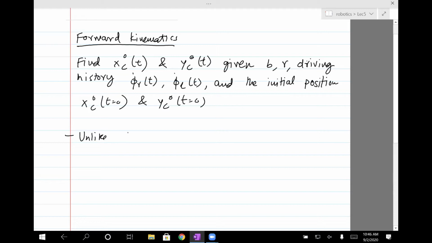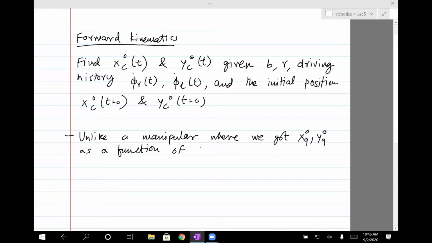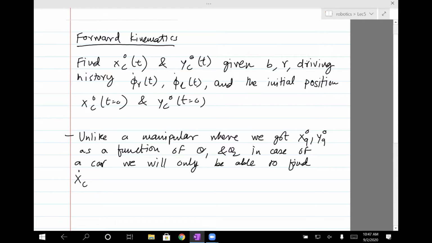Unlike a manipulator where we got xq, yq as a function of theta 1 and theta 2, in case of a car, we will only be able to find xc dot t, yc dot t.